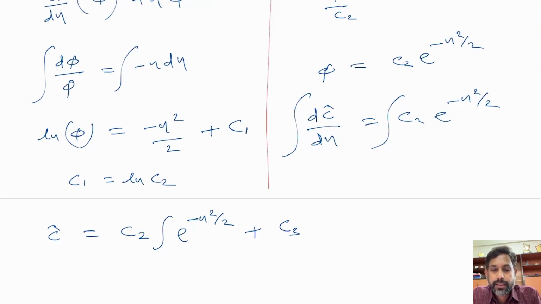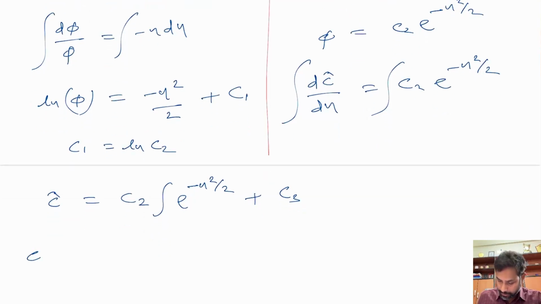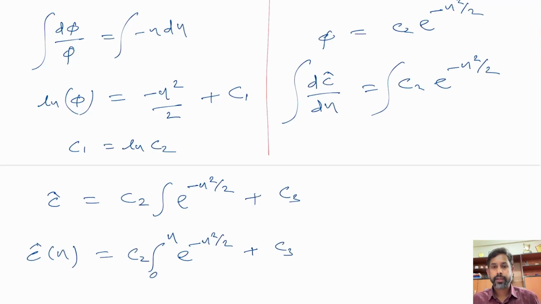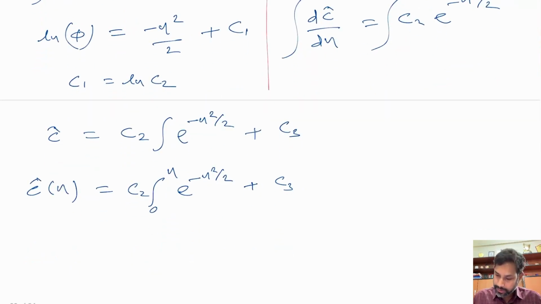So C2 and C3 are constants of integration. To find the concentration at a particular eta, we must integrate from 0 to eta of e to the power minus eta square by 2 plus C3. C2 and C3 are constants to be determined.